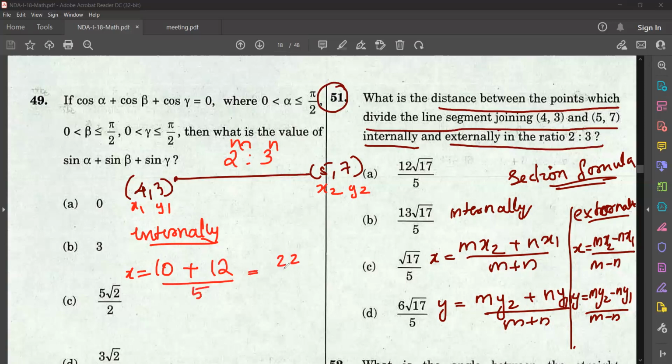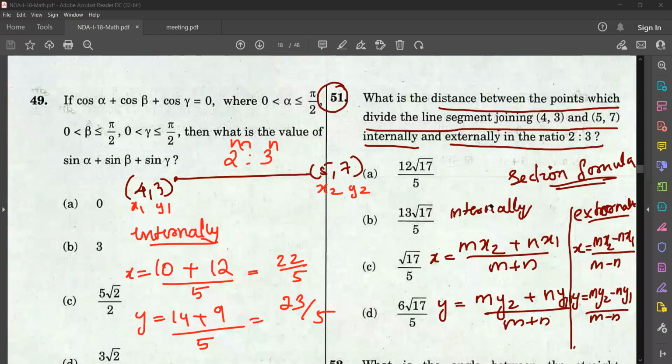So that is 22 by 5. Then y = (2 into 7, 14, plus 3 into 3, 9) divided by 5. So that is 23 by 5. So we got the point that divides internally.